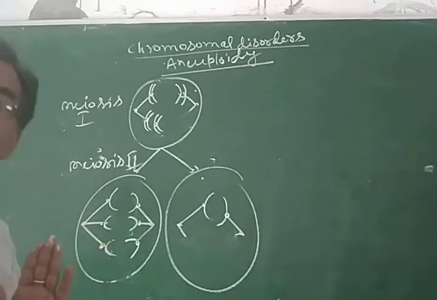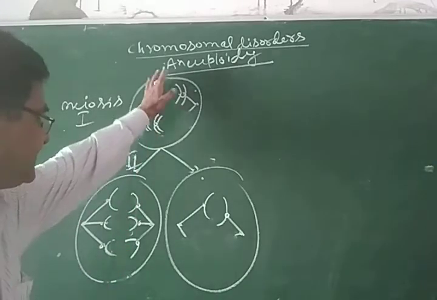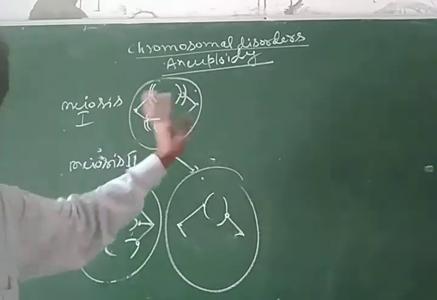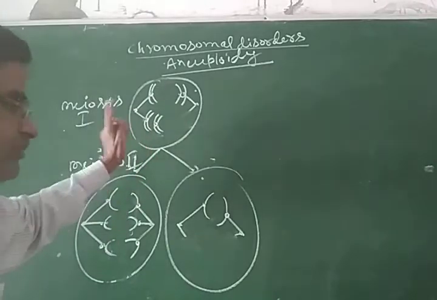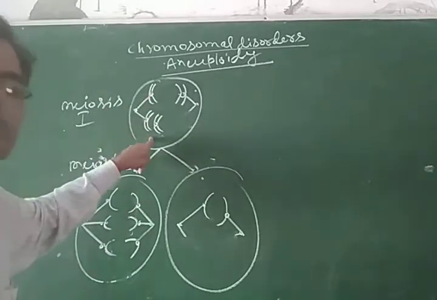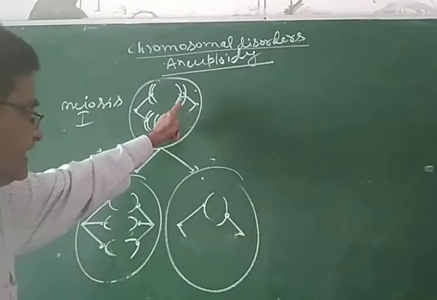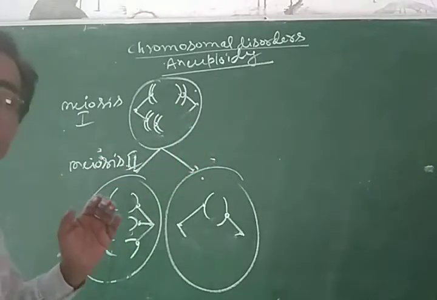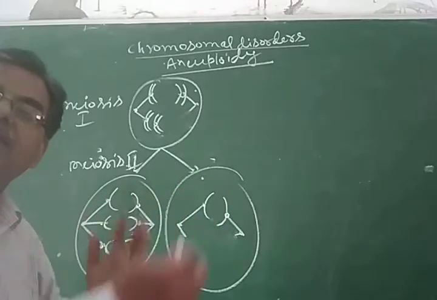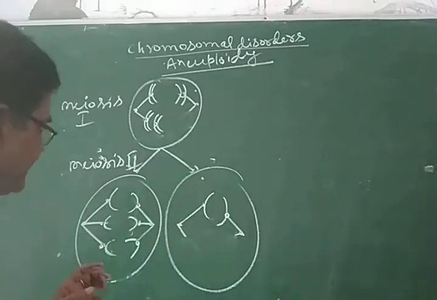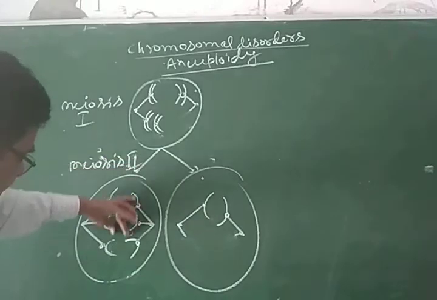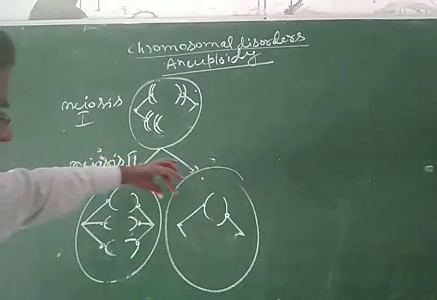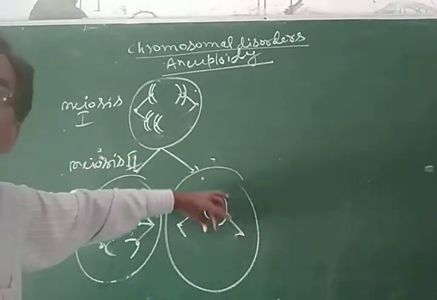First of all, you should know that after this cell division, one cell divides to form two cells. In one cell there will be 3 chromosomes, while in the other cell there will be only 1 chromosome. When meiosis second starts, in metaphase, 3 chromosomes will arrange at the equator, and here there will be only 1 chromosome at the equator.